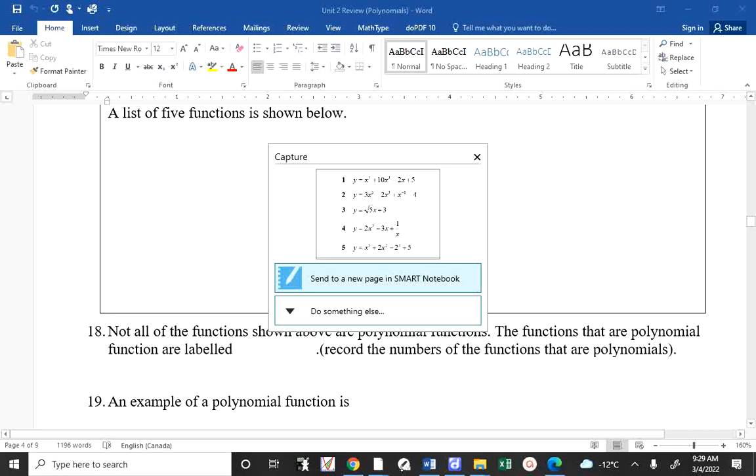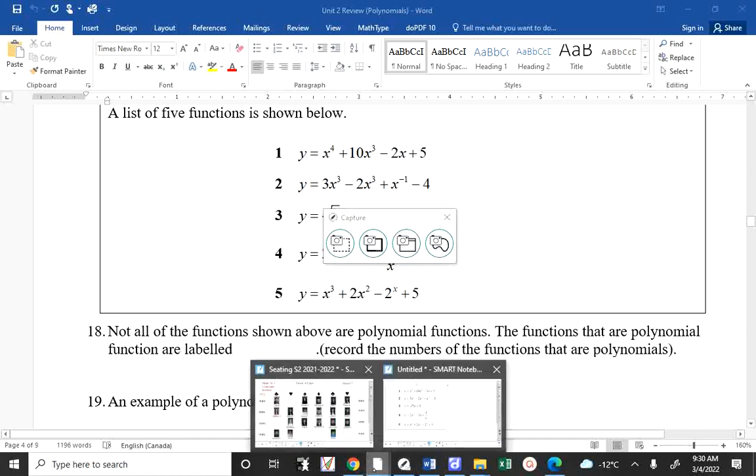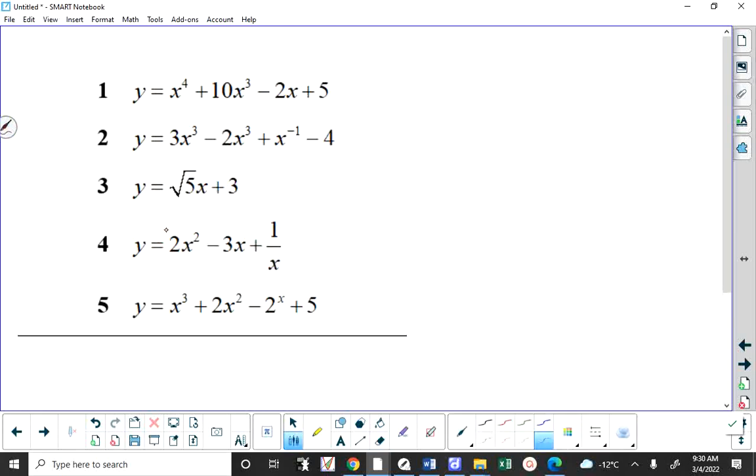A polynomial function has to contain what we call polynomial terms. And a polynomial term, well, to back up, a term is something you're adding. So when we look at number 4, this is a term, this is a term, this is a term. Those are 3 terms.